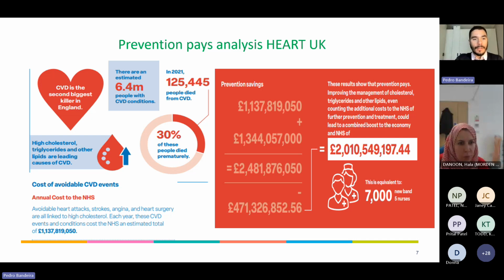And this is another little infographic to summarize the impact of cardiovascular prevention nationwide. As you can see, by preventing cardiovascular events and death, we can increase the healthcare associated savings, which equates to almost 7,000 new nurses for the NHS.